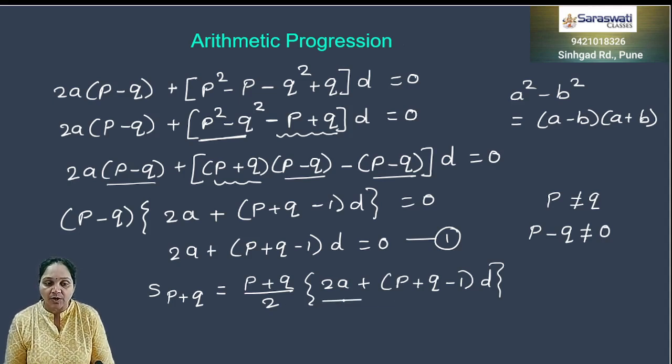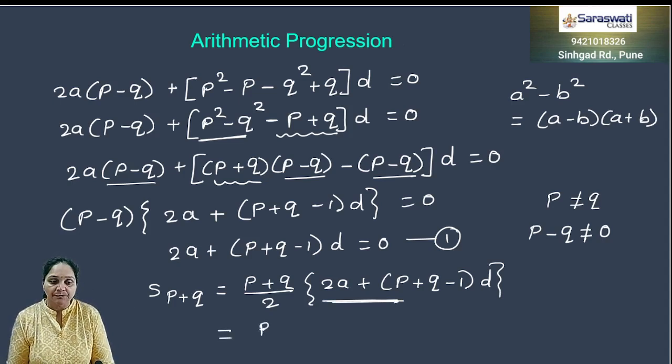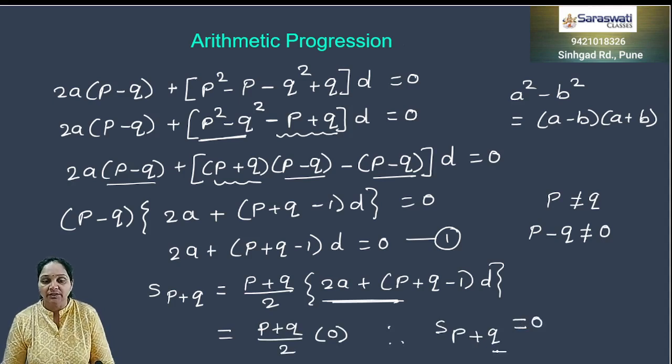Now from 1 we know this bracket is 0, and hence P plus Q upon 2 into 0, and that means SP plus Q is equal to 0, that we have to prove.